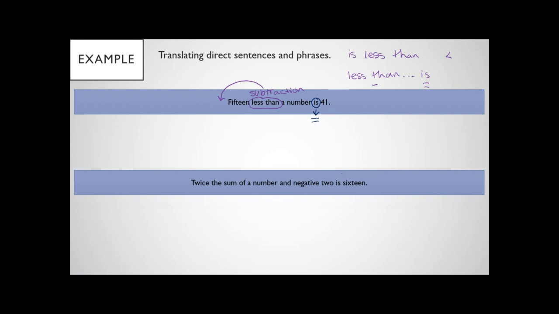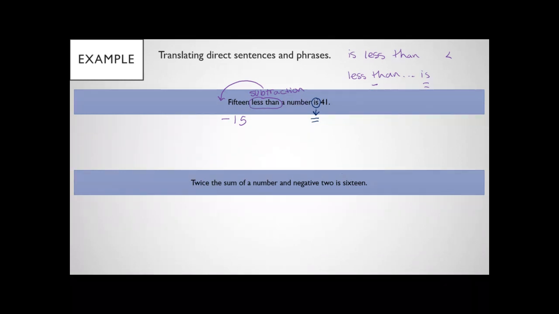So I want to make my minus sign, my negative, to be with the 15. So this is going to be written as a negative 15 here. When you see a less than in this context, the number in front becomes a negative, subtraction adding a negative there. So I've just translated that.